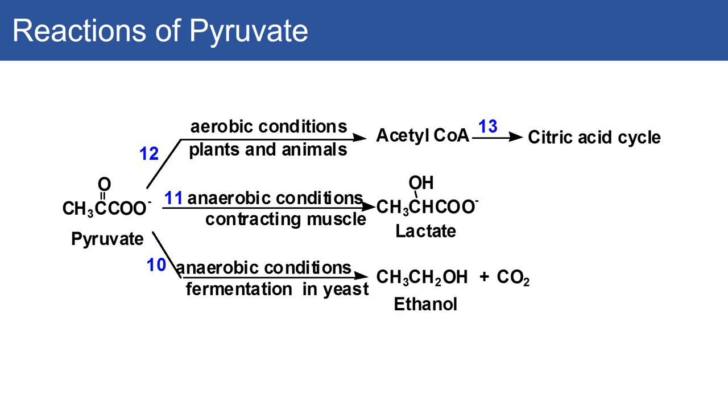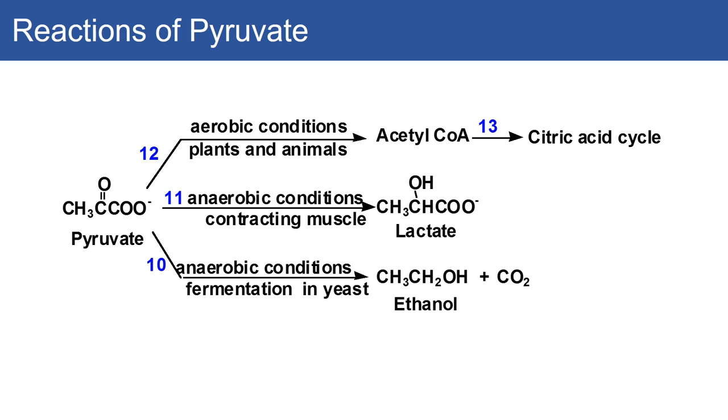In anaerobic conditions, like when you're exercising and contracting muscles, we can also generate lactate out of this. In anaerobic conditions in yeast, we can generate ethanol and carbon dioxide. That is a key ingredient to generating things like beer and other alcohols. So that's how fermentation works.